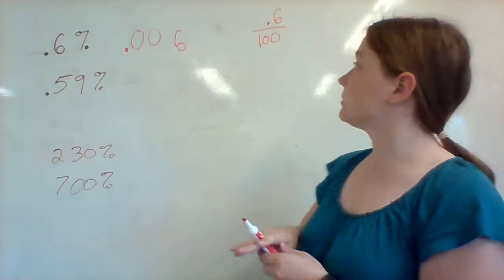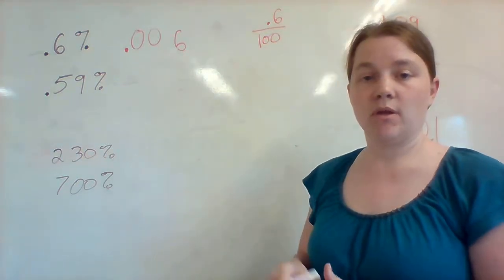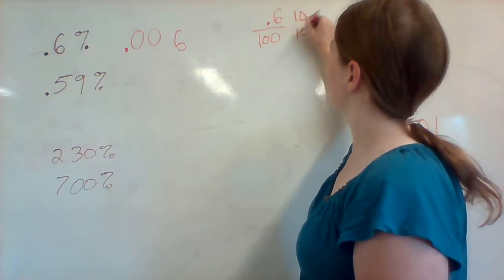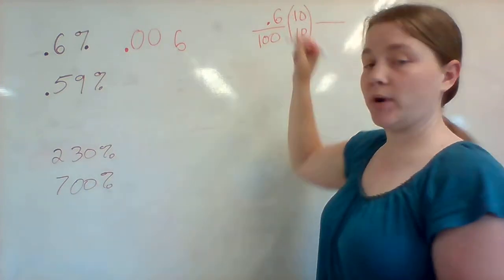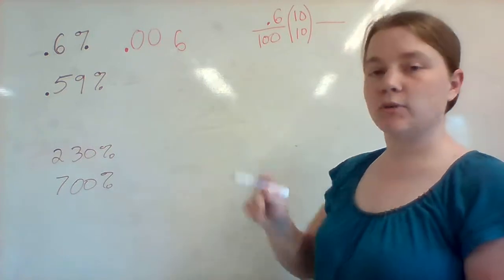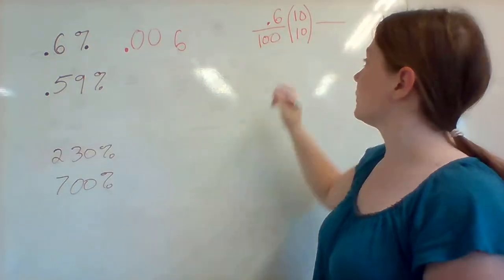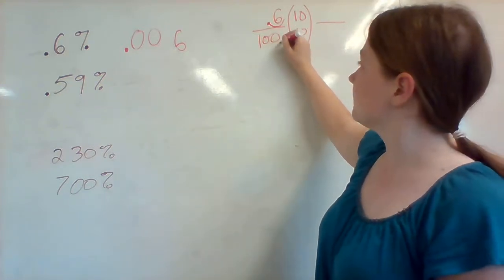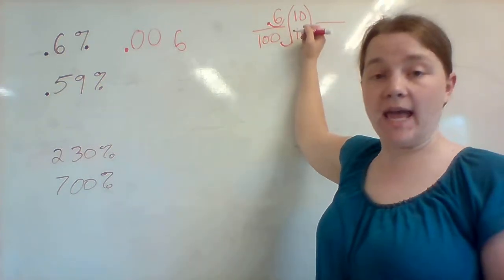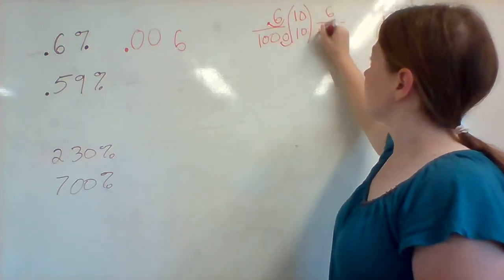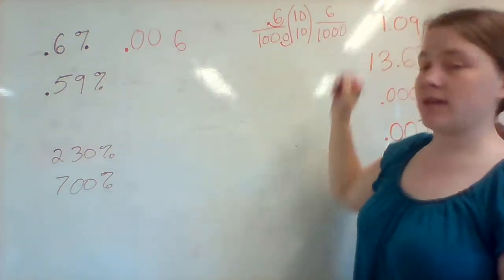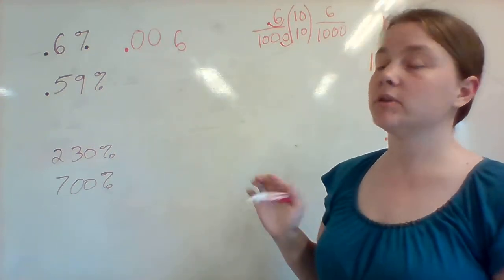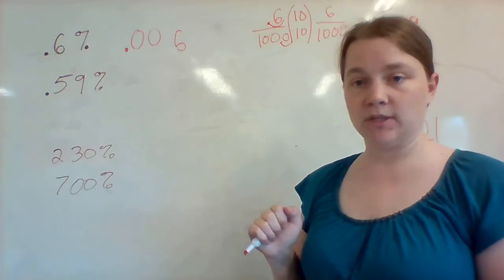We're going to multiply this fraction, top and bottom, by 10. 0.6 times 10 is going to shift that decimal over 1, which means that down here we also need to shift the decimal over 1, or add a 0. So that becomes 6/1000, not 6/100, because of where the decimal was.